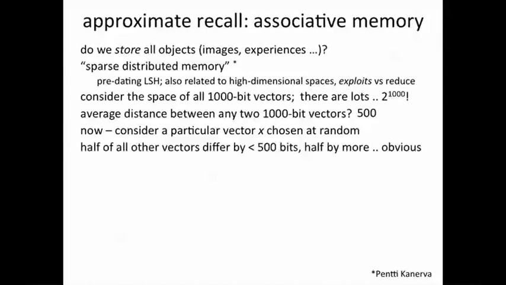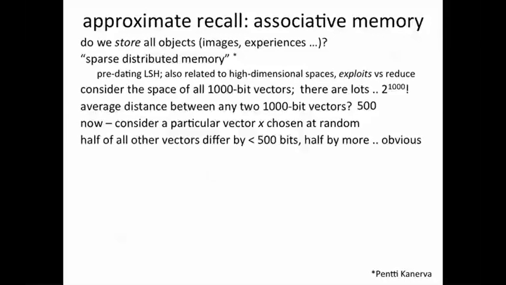That is, again, obvious by choice, by tossing a coin. The really interesting thing is when we ask the question, how many of all the other vectors differ from our chosen x by less than 450 bits? Now remember, half of the vectors differed by less than 500 bits. But how many differ by less than 450 bits?